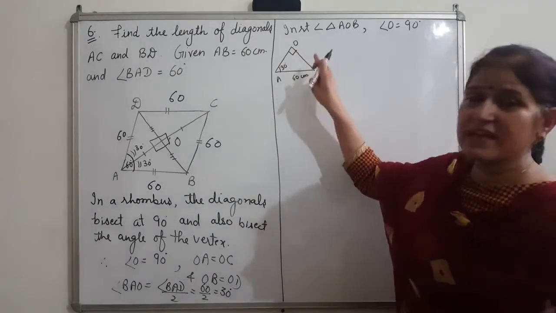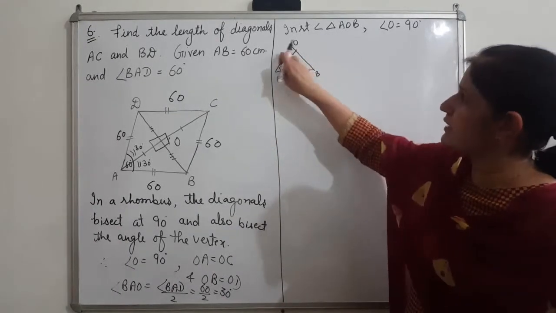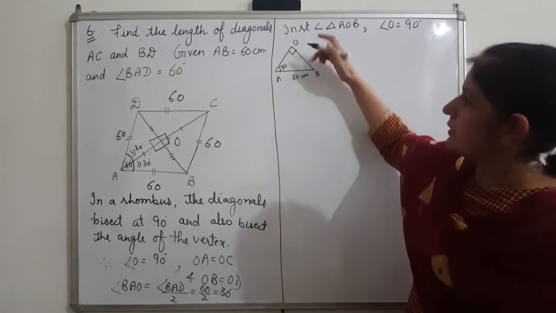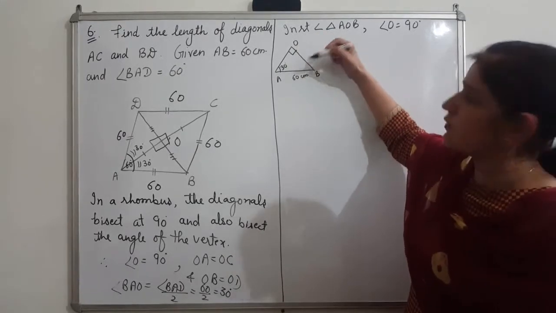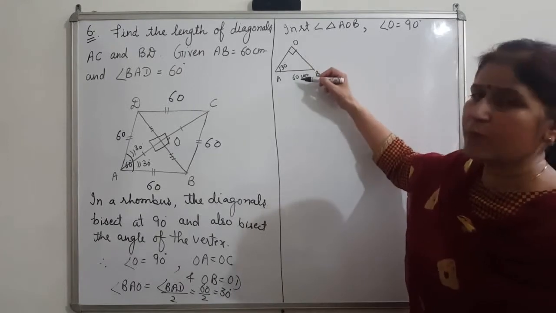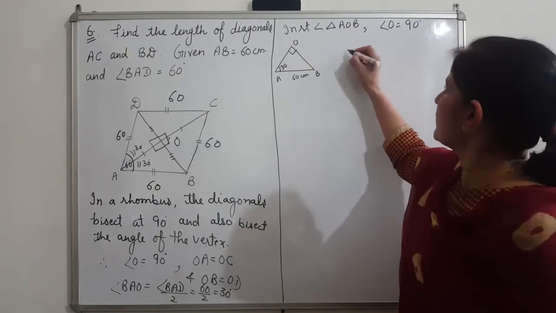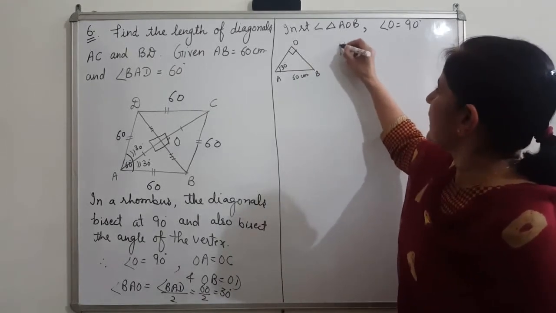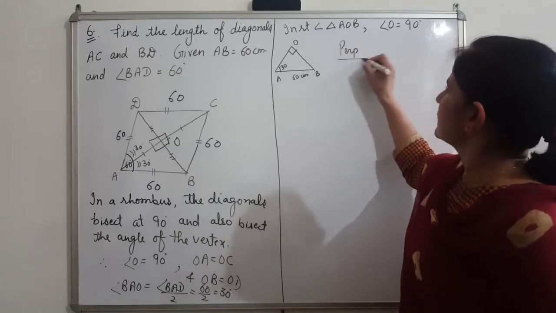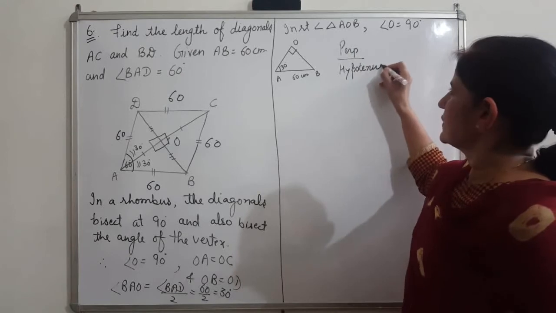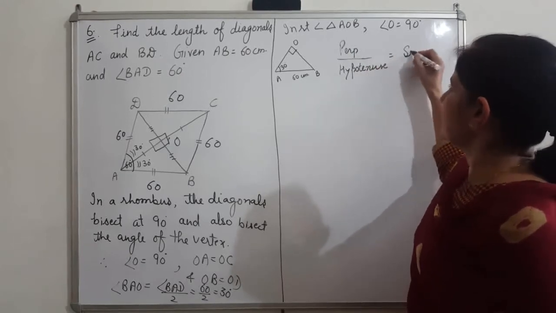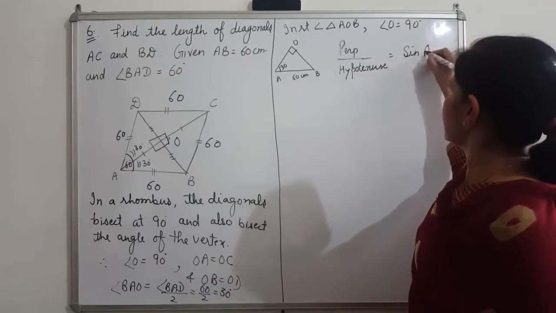So using this right angle triangle, we can find out the length of both the sides. This is the hypotenuse. So once we will take base upon hypotenuse, once we will take perpendicular upon hypotenuse. So perpendicular upon hypotenuse is equal to sine angle A.